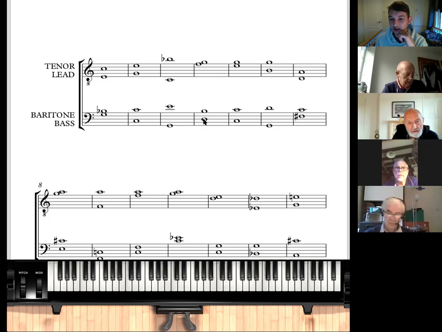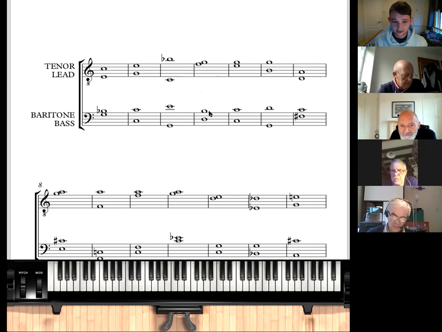Bass on the 5th, baritone on the 3rd, lead or tenor on the 7th, and then the root on top of that. We call that a Chinese 7th.